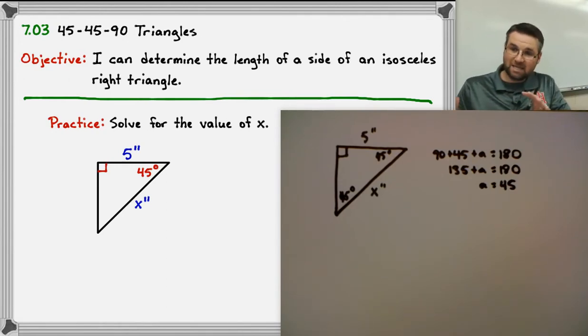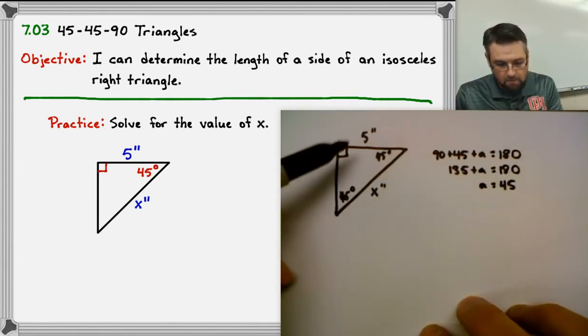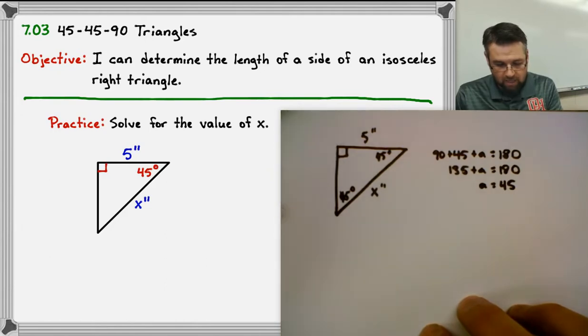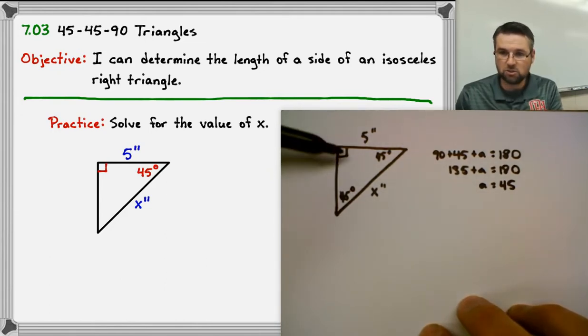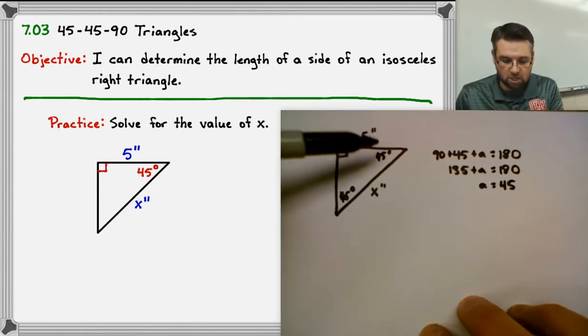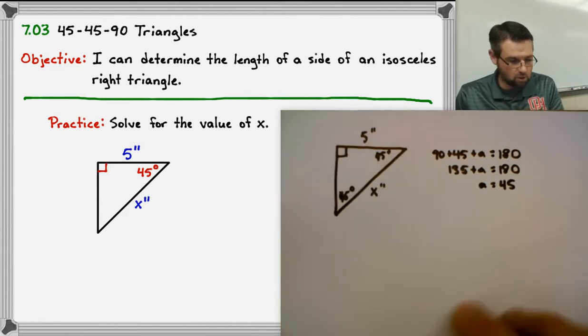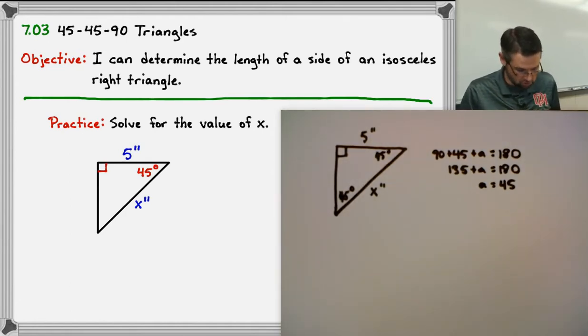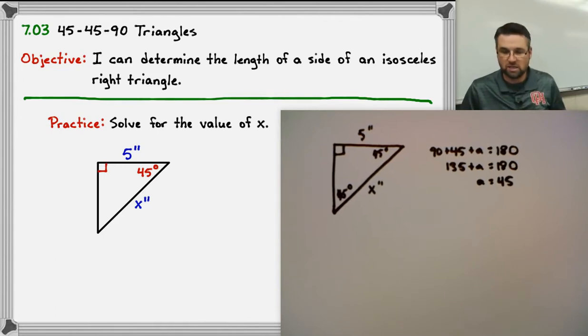Well, we've got to go back to elementary school here and talk about, I don't know where you learned this exactly, maybe 7th, 8th grade, I don't remember. But this triangle has a right angle, so it's a right triangle. But notice that the two other angles are congruent to each other. They are both 45 degrees.